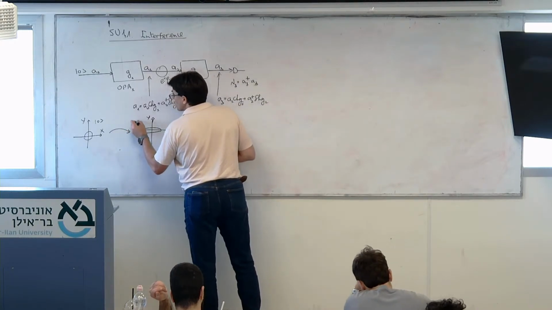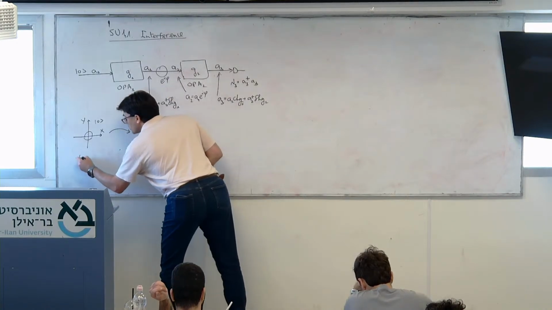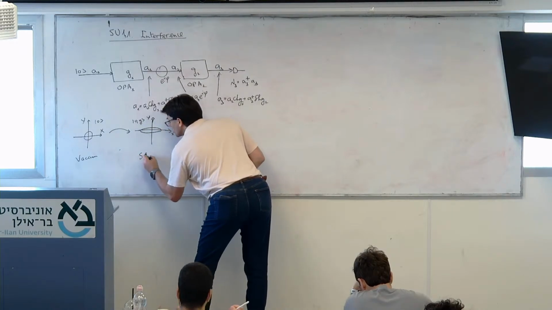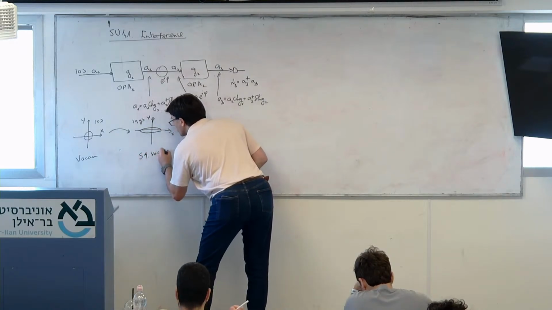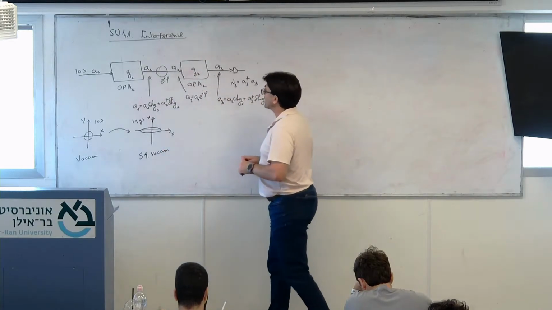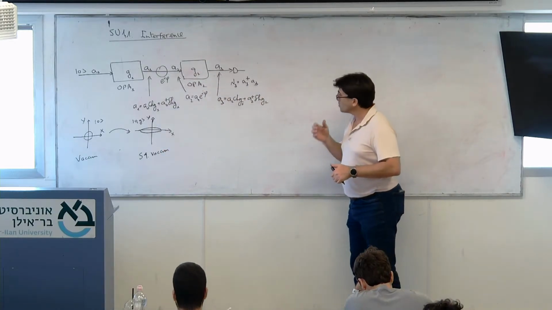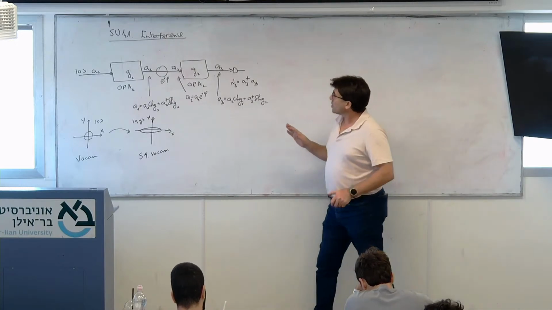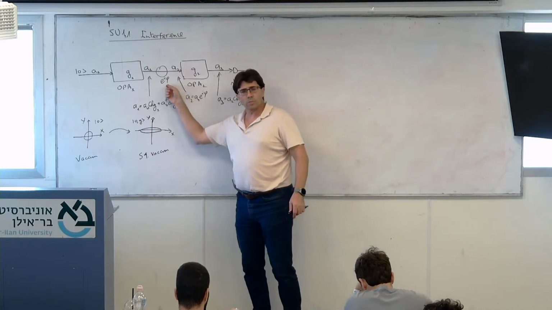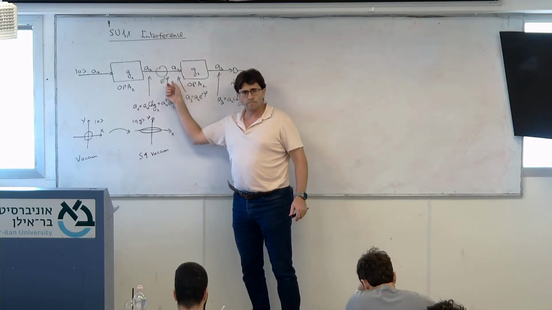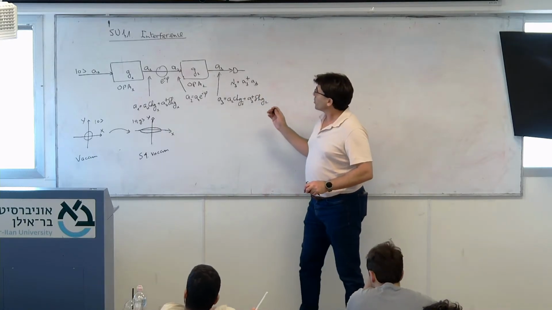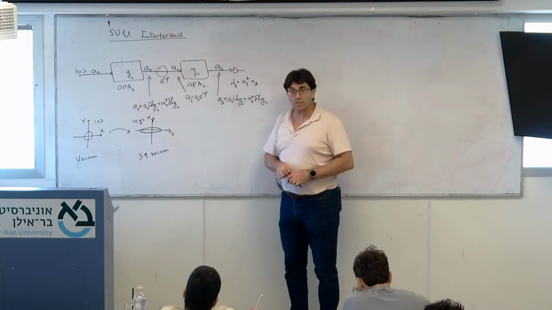This transforms into, this is vacuum, and this one is squeezed vacuum. Now let's forget about the phase for a moment. If there is no phase, then this is just another parametric amplifier.